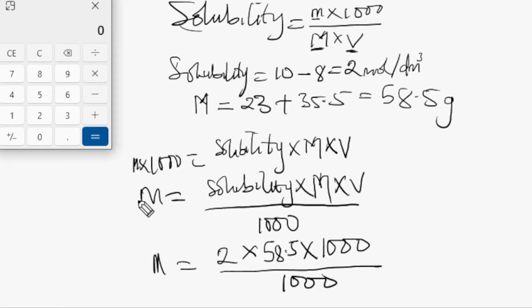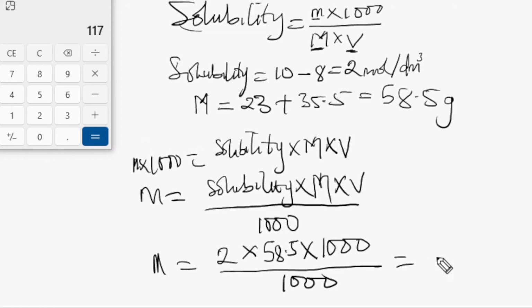So here we're going to say 2 times 58.5 times 1000, and then this divided by 1000, and that would be 117.